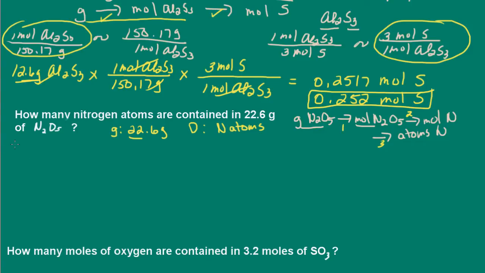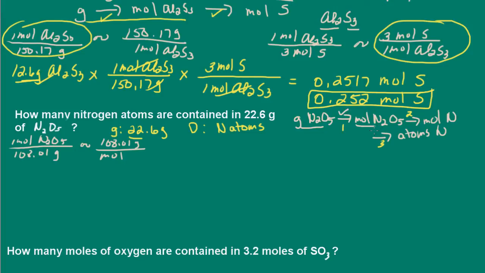So let's see, our molar mass for 1 mole of dinitrogen pentoxide is 108.01 grams. Okay, so I can write that like this, or 108.01 grams per mole. So I have my first conversion factor.